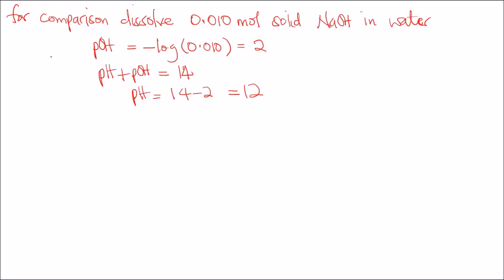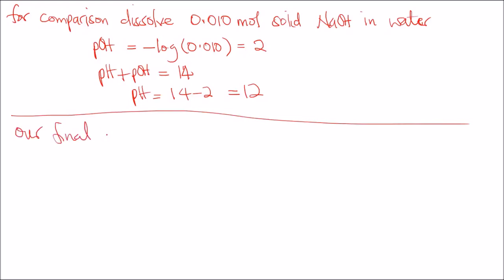So if I can go back to our problem, our final pH was 4.83. But we assumed X is small. So we'll have to find out if X is indeed small.